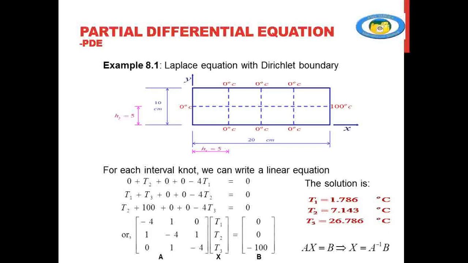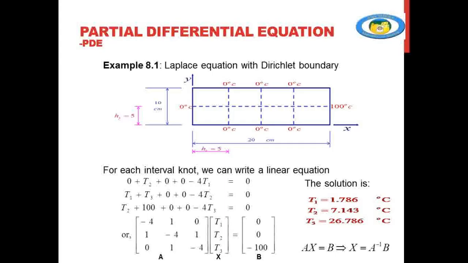You can rearrange this set of equations to have the same terms in one column. Then you can turn this into a simultaneous equation. Basically, the first equation is 4 times T1 plus 1 times T2 plus 0 times T3 is equal to 0.